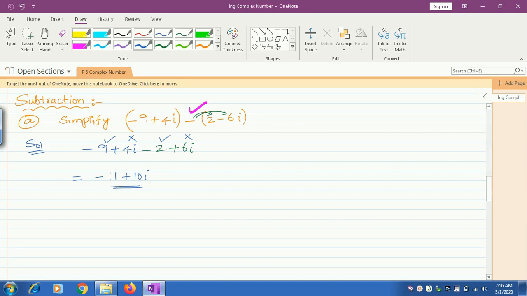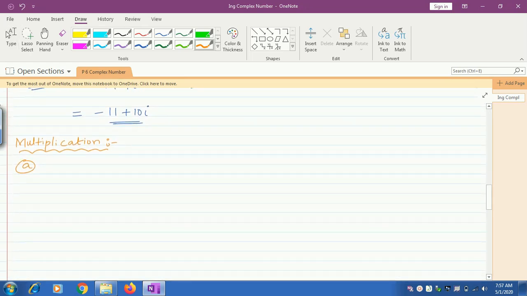Okay, now we will take the last topic, which is multiplication. Simplify, write it in the standard form.